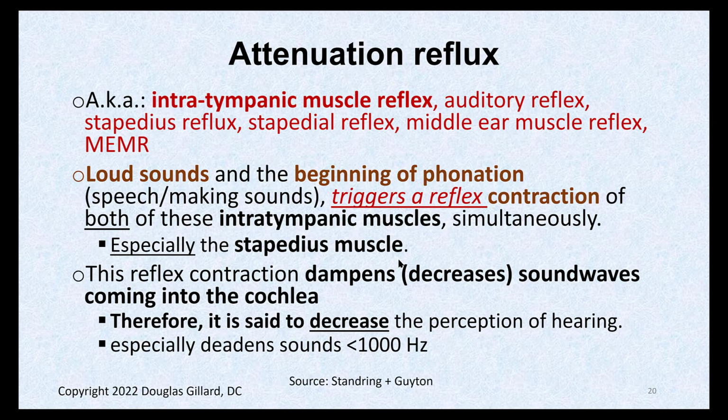And that brings us to something I'm sure you've already had in physiology, I hope, and that is the attenuation reflex, which has all kinds of AKAs: intertympanic muscle reflex, auditory reflex, stapedius reflex, stapedial reflex, middle ear muscle reflex, or MEMR. I'm just going to call it, as Guyton and Standring use, the attenuation reflex.